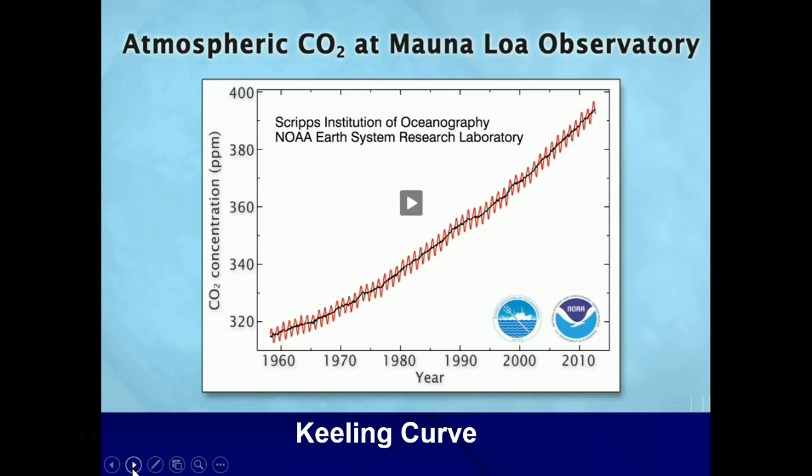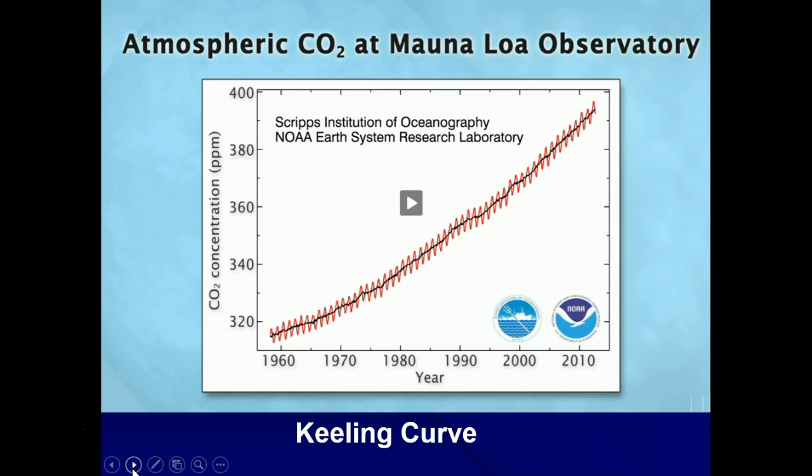Right now, in 2017, we were up to 400 parts per million. So we have increased by 80 parts per million just within the last 60 years. That's amazing. We've never seen a rise this quick, ever.